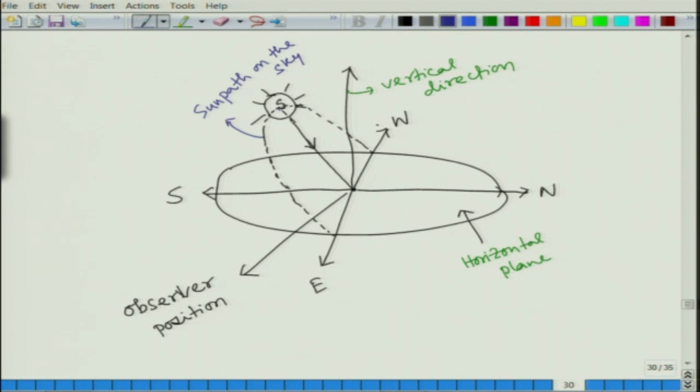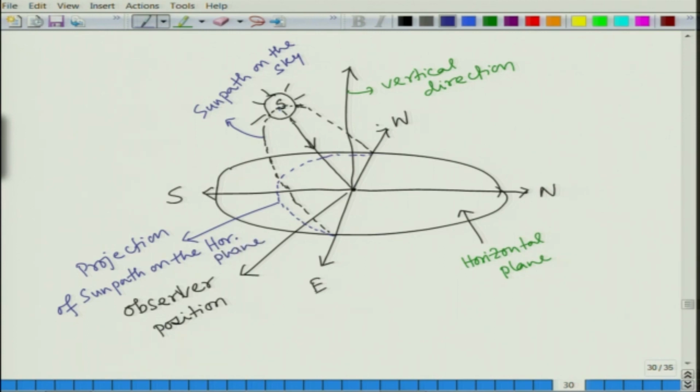So, let us say this is the projection of this sun path on the horizontal plane.